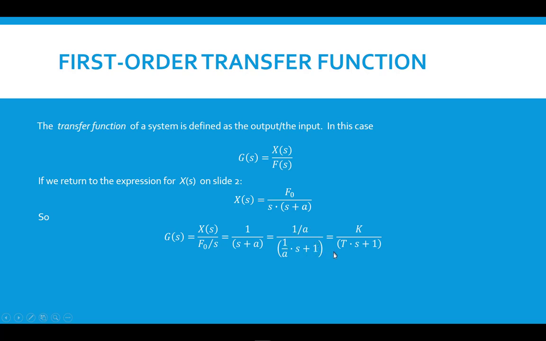And for a first order system, we have two constants that describe it. We've already talked about the time constant, which is the time that it takes for the system to reach 63.2% of its final value. But then we also have a value called the steady state gain. And what the steady state gain tells you is that if you put in, for instance, a unit step function, then the final value that the system will go to will be this value here, k.